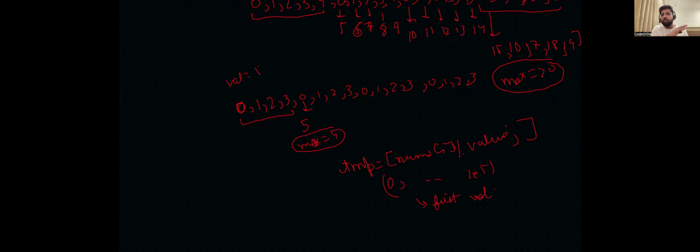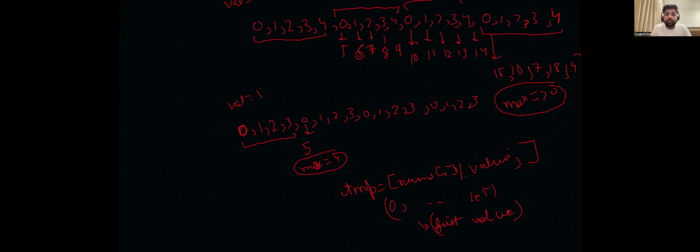We are not iterating this nums array. We just transform our nums array. And now after the transformation, we are trying to find the first value which was not present. So in this, the first value which was not present was 4, which is not equal to value. So if the first not present element is not equal to value, then I will just say that that is my answer.